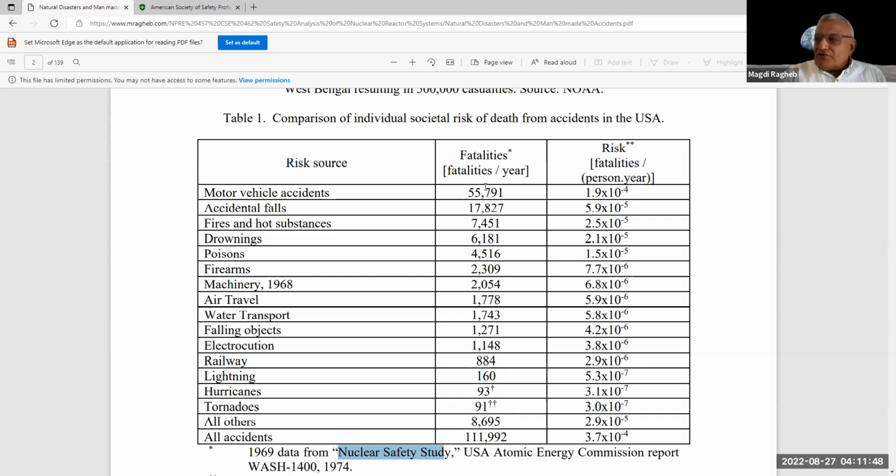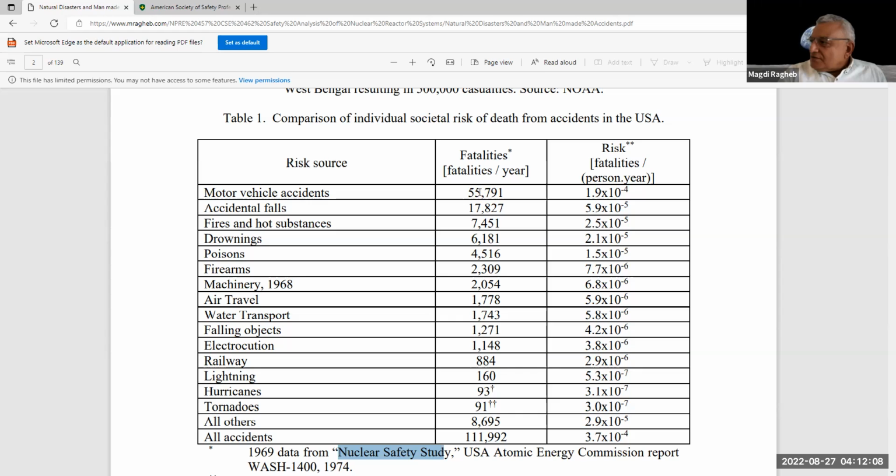And then he took that number and divided it by the population of the United States at that time. You can say about 300 million people. Now we are larger. In the United States, we are about 320 million people. He divided that number by the population in the United States.